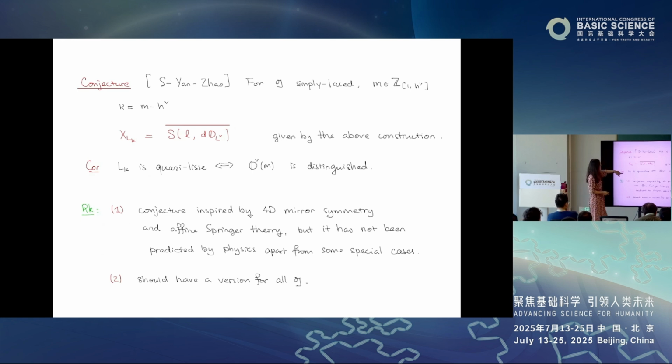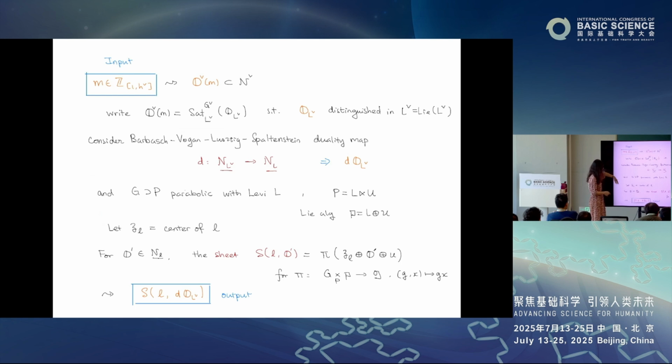And moreover, an important corollary of this is that it gives you a way to detect for which kappa your L_kappa is quasi-lisse. Because if you have a Levi which is not a torus and has a non-trivial center, then this sheet will never be contained in the nilpotent cone.